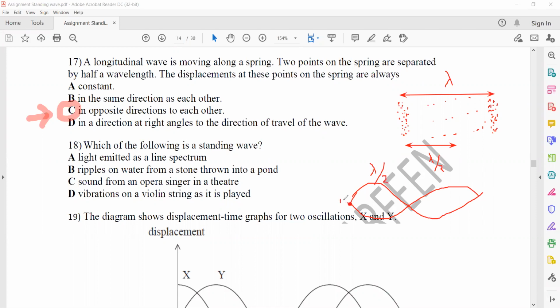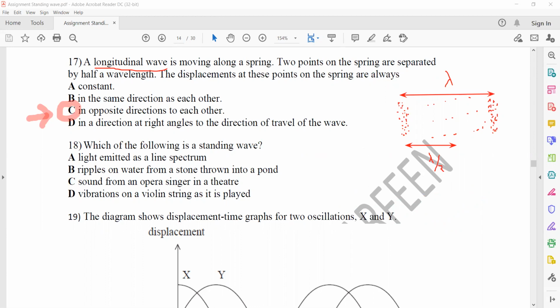Because this is a node, then this will also be a node, and the particles will have the same pattern of vibration. But in the question, they simply ask about a longitudinal wave.